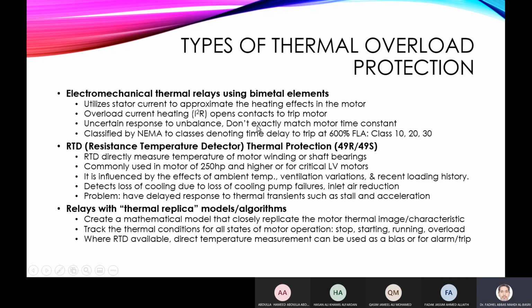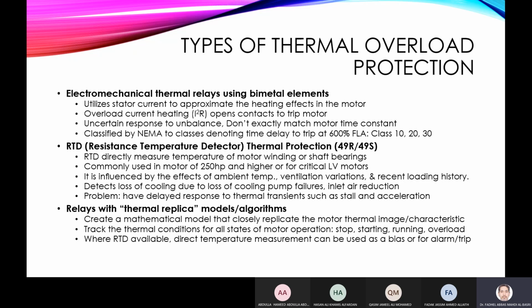Generally those types of protection relays are standardized by class 10, class 20, class 30. What does class 10 mean? This classification is based on the time delay that you want this relay to provide during overload when the current is at 600% of the full load, 6 times the full load current, which represents the starting current, because you don't want to trip during starting.